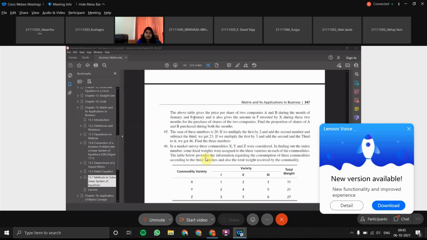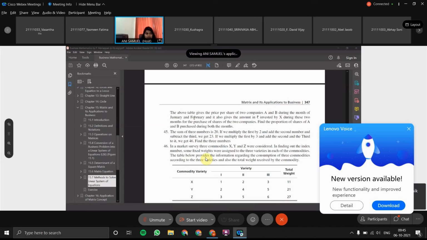The sum of three numbers is 20. So let the three numbers be x, y, and z. So sum of three numbers, x plus y plus z is equal to 20. If we multiply the first by 2 and add the second number and subtract the third number, that is, first number is x, so 2x plus y minus z is equal to 23.